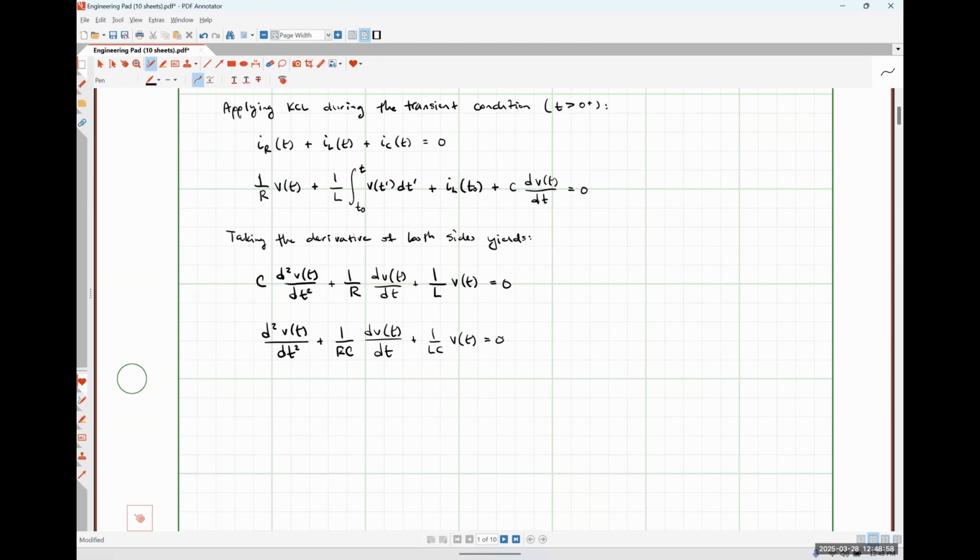In circuits 1, we guessed that our voltage in an RC circuit needed to be an exponentially decaying voltage. So I'm just going to make that guess again because it worked before. Let's see what happens.